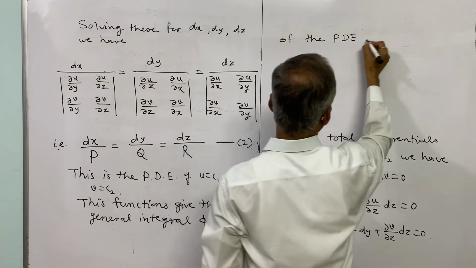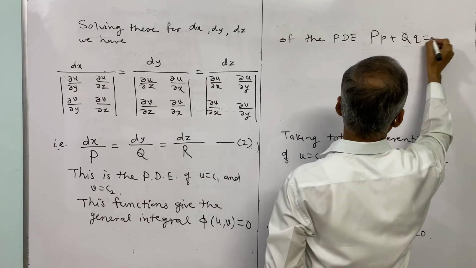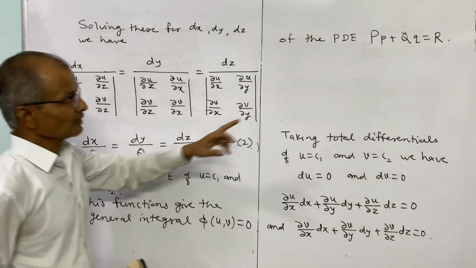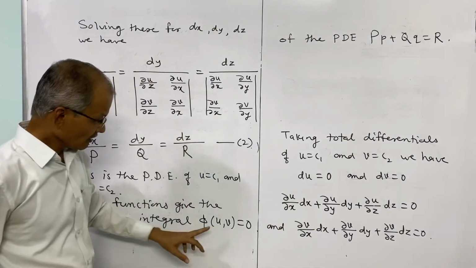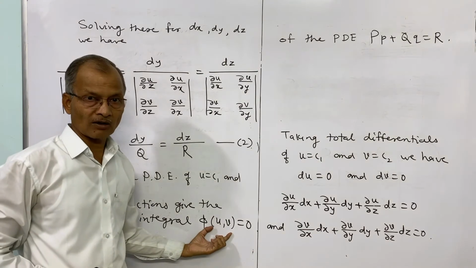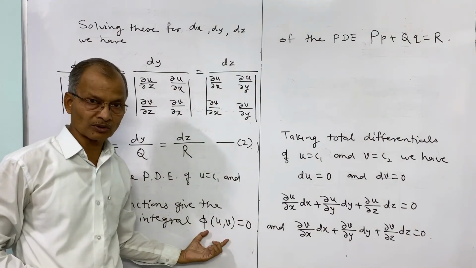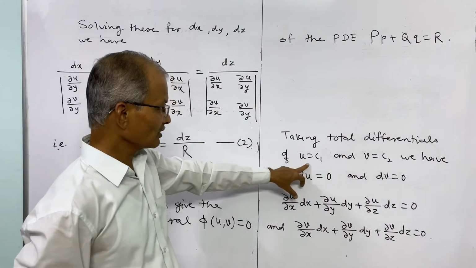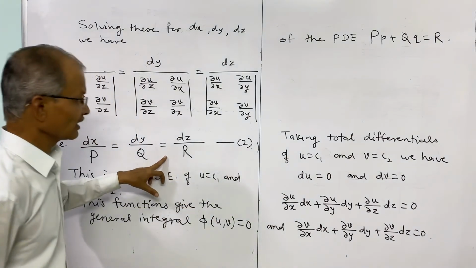That means of the PDE capital P into small p plus capital Q into small q is equal to capital R, and thus the solution of this differential equation is obtained, of the form phi of u, v = 0, where u and v are to be found out, and we have found u and v as the solution of the second equation.